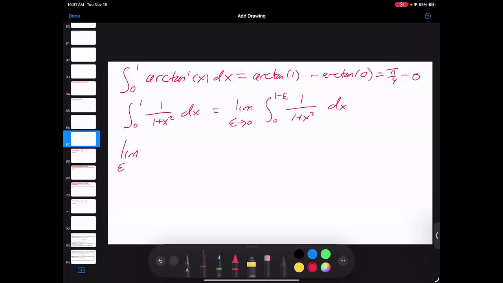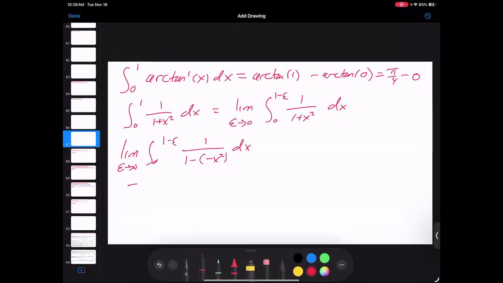So epsilon goes to 0. Let me rewrite it as 1 over 1 minus negative x squared dx. Where have you seen something in the form 1 over 1 minus something? Usually they use the letter r, 1 over 1 minus r, geometric series.